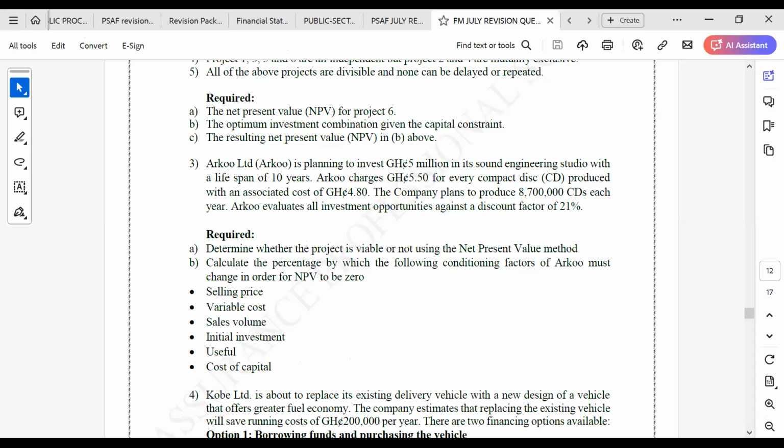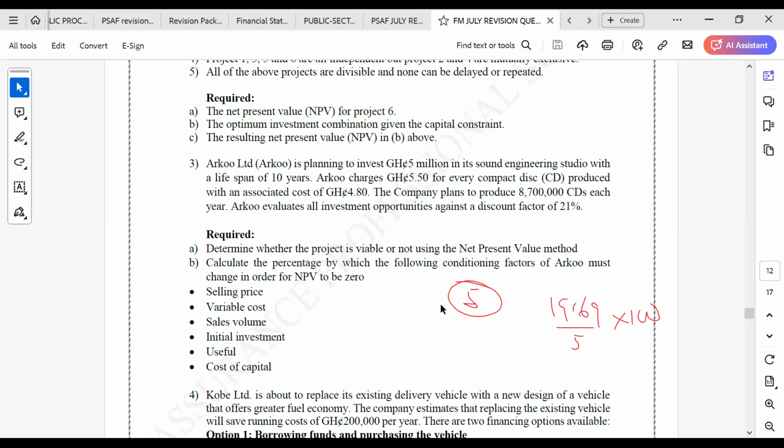So what is the initial investment? The initial investment is 5 million. So currently, what will be the percentage of that? That will be 19.69 divided by 5 million multiplied by 100. What percentage are you getting? 3.94, which is the same as 393.8%, isn't it?